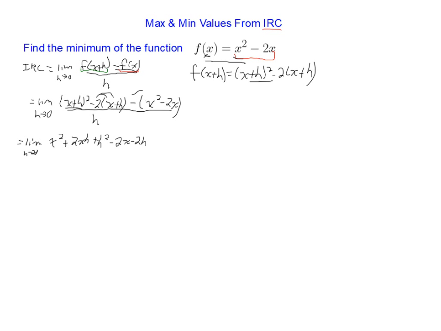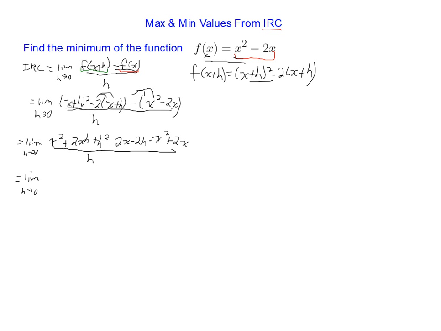And again, multiply the negative through the brackets here, giving us negative x squared plus 2x. So that allows us to expand the numerator. And now we go ahead and start to simplify things a little bit. So again, still the limit as h goes to 0.